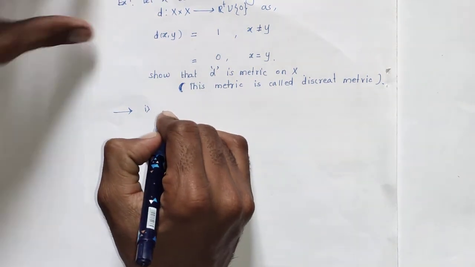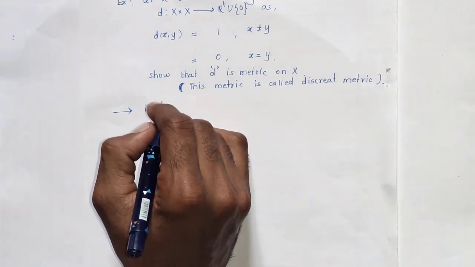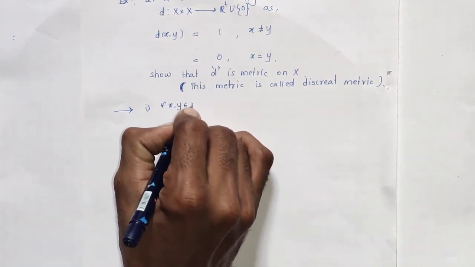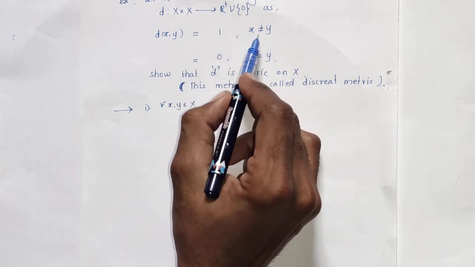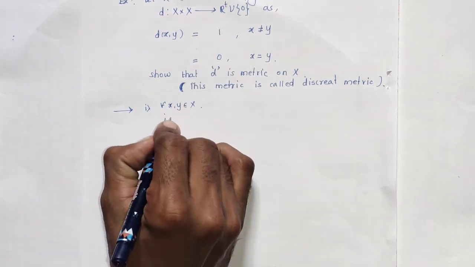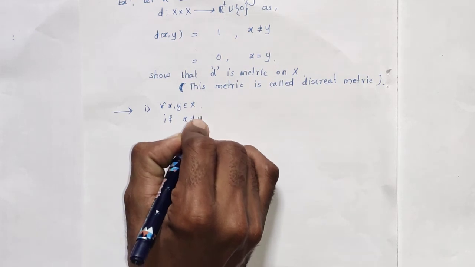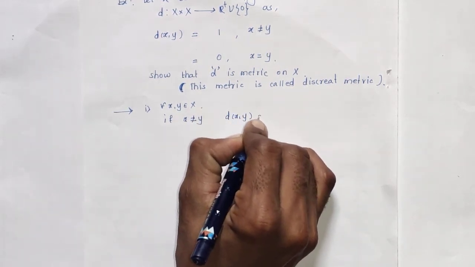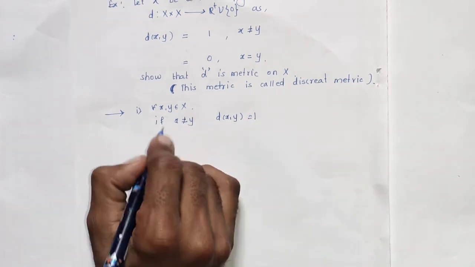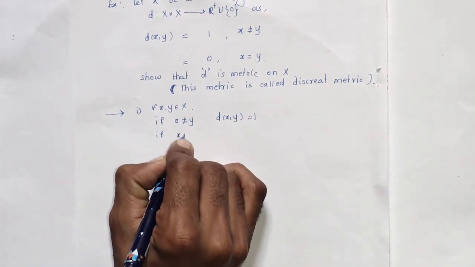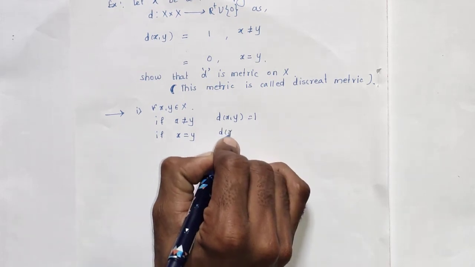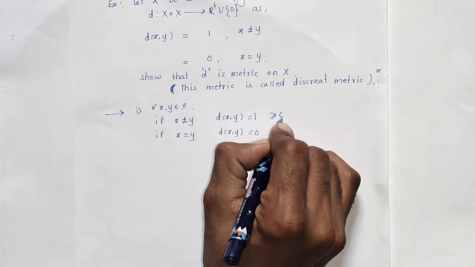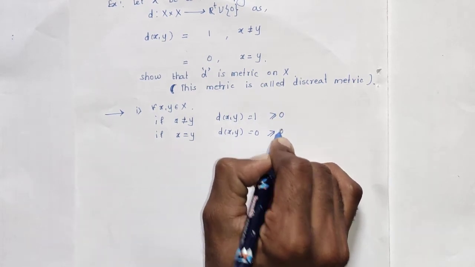So, the first property is non-negativity. For all x, y belongs to X, if x is not equal to y, then distance of xy is equal to 1, and if x is equal to y, then distance of xy is equal to 0. The first is strictly greater than 0, and the second is greater than or equal to 0.